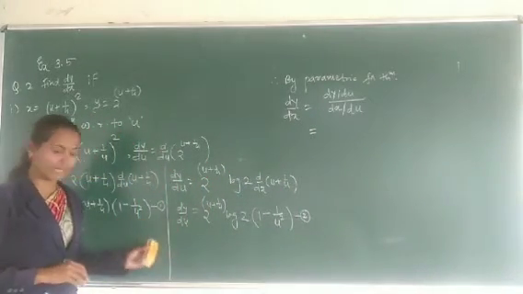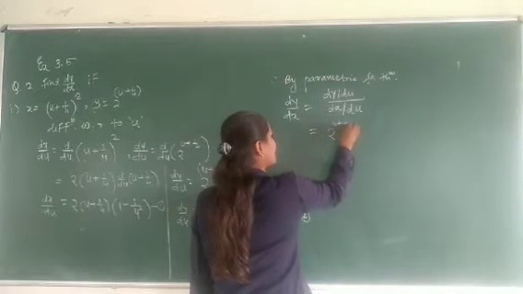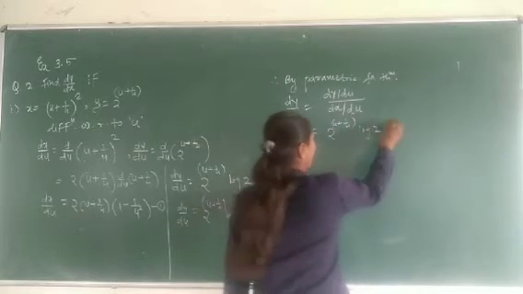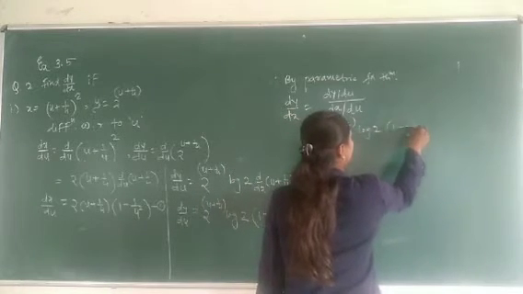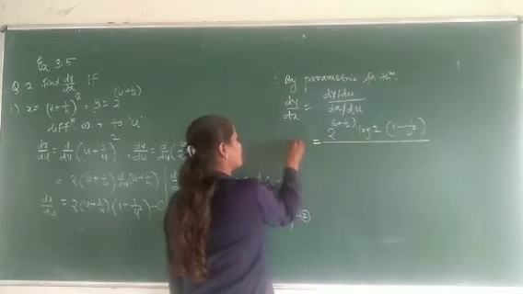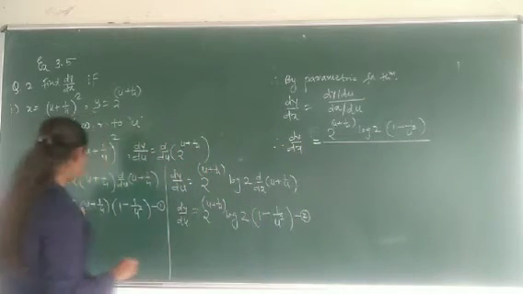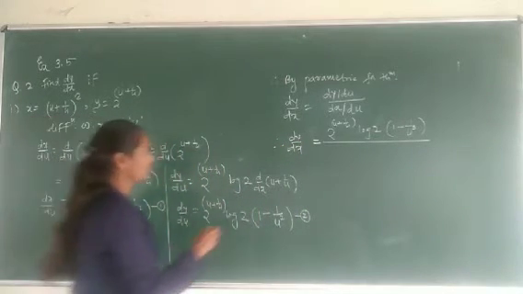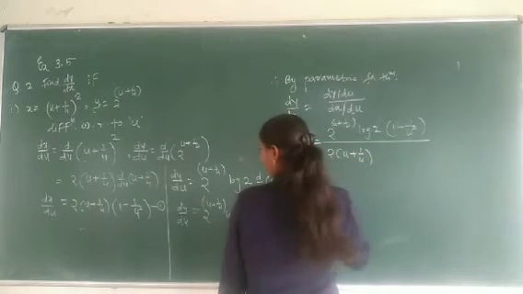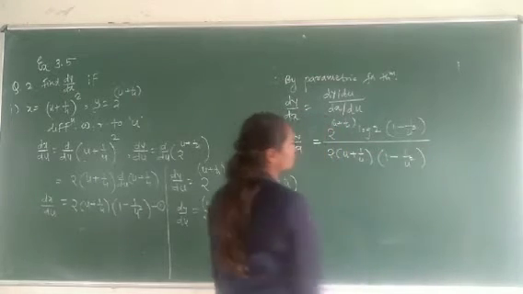So we can write from 1 and 2: 2 raised to (u + 1/u) into log 2 into (1 minus 1/u²), divided by dx/du. What is the value of dx/du? That is 2 into (u + 1/u) in brackets, (1 minus 1/u²).